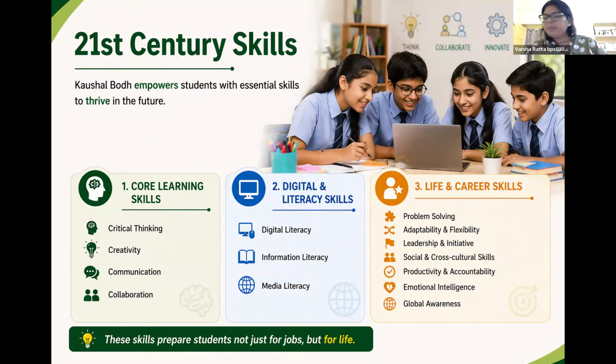With the coming of ChatGPT and Gemini and Grammarly and Quillbot, what is happening is that the children have stopped thinking. And if you don't think, you won't be able to come out with your ideas. So it is very important that you practice these skills, right? So productivity and accountability is going down.